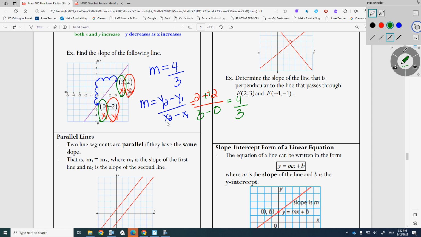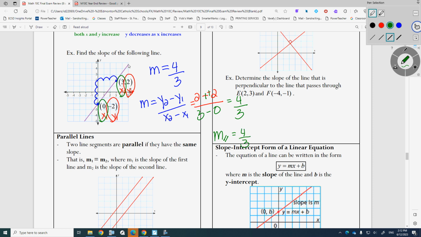If I want you to draw a line parallel to this line, what will the slope of a parallel line be? So slope of a line parallel to this given line. It will be 4 over 3.